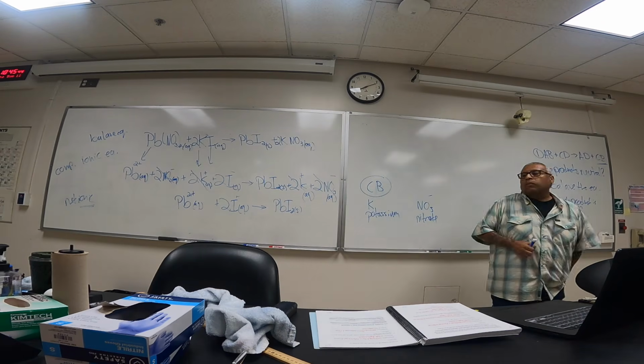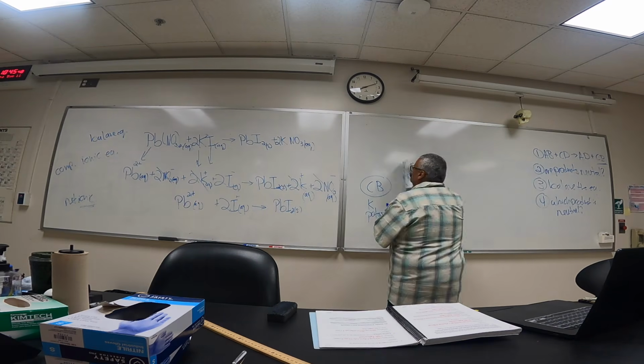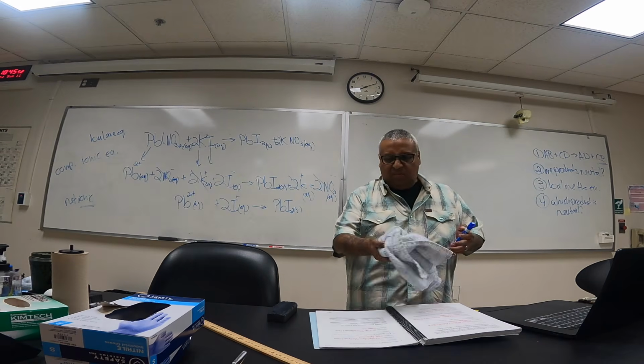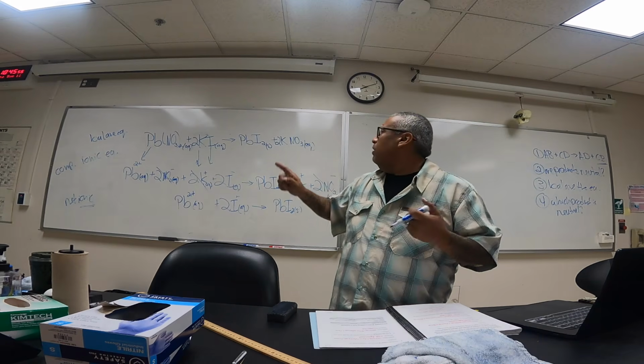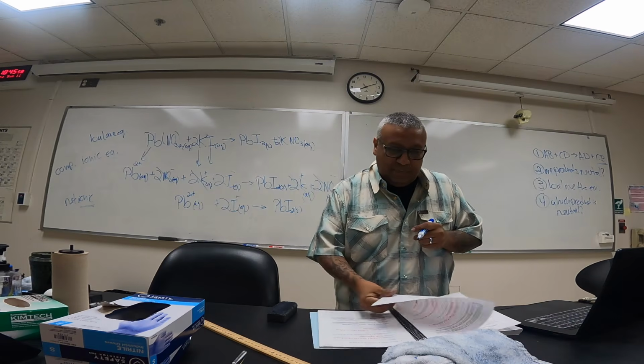Okay? We're going to do one more. We'll do it on this half of the board. And then I'll leave this one up for the lab that you guys can all reference. Let's do number 5, I said.